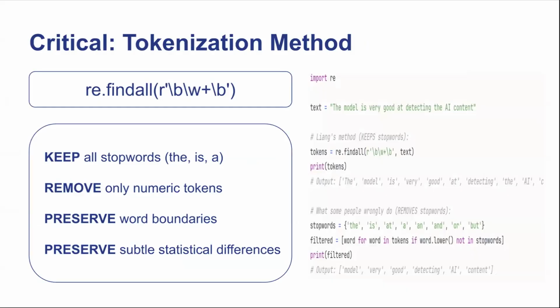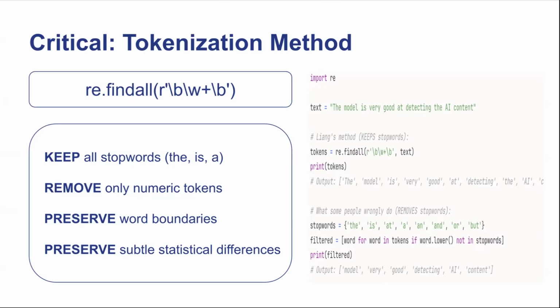But here's the most critical part, the tokenization method. A lot of us, when we do tokenization, and there are a lot of frameworks out there that help with this, tend to isolate stop words, like the, is, at, a, because they're simply irrelevant in terms of giving context, right?